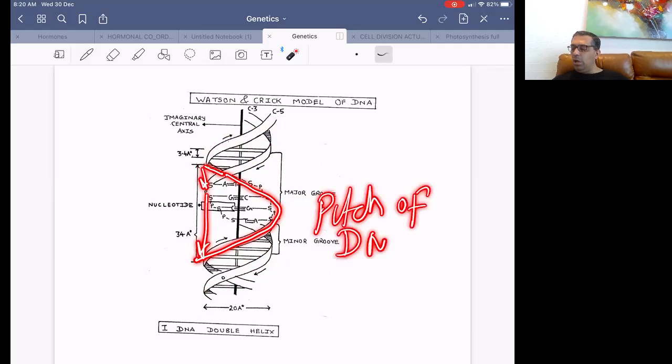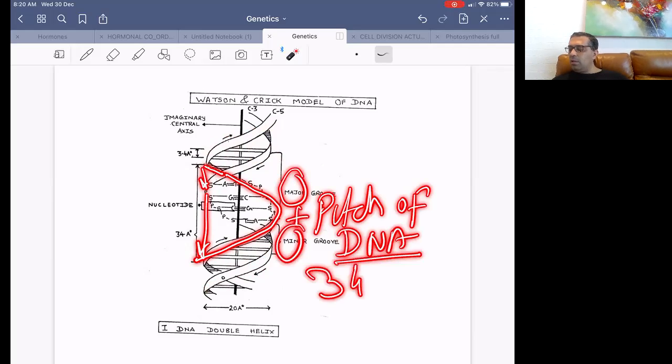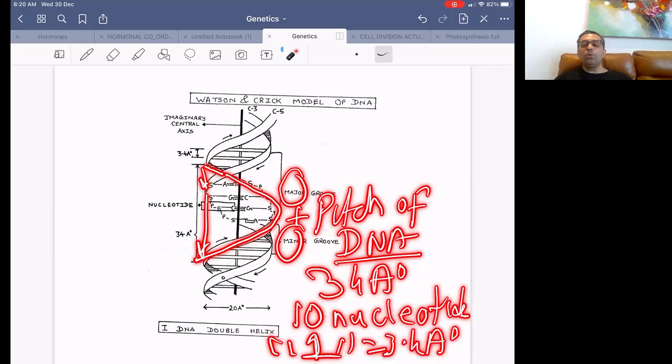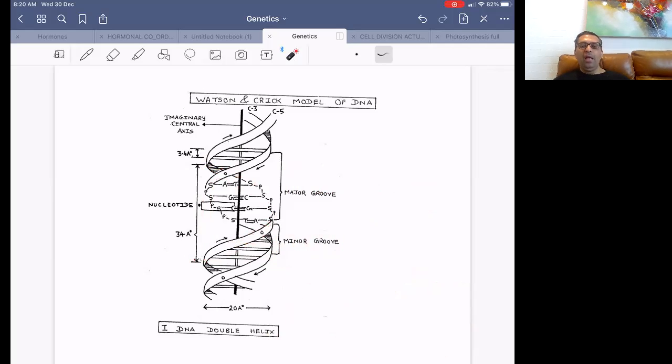Minor plus major is called the pitch of the DNA. How many angstrom units is it? 34 angstrom. How many nucleotides in it? 10 nucleotides. So how much is one nucleotide? 3.4 angstrom units. This was most crucial today.